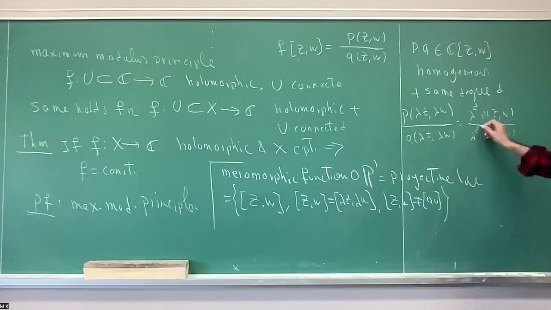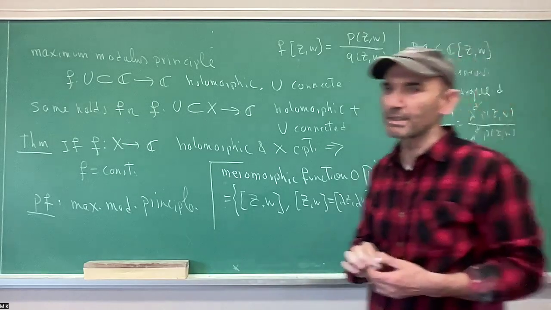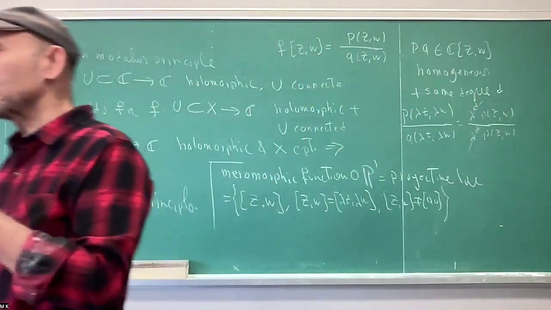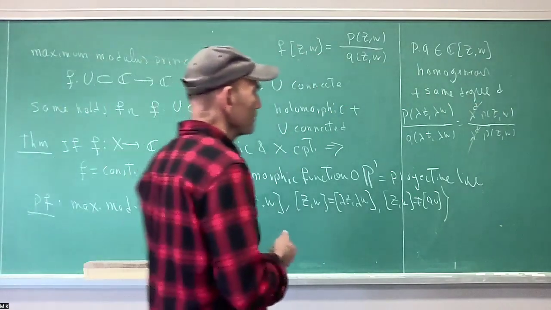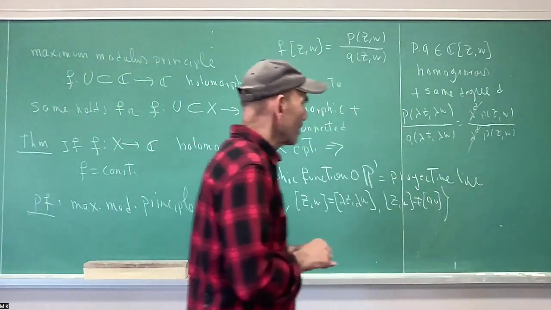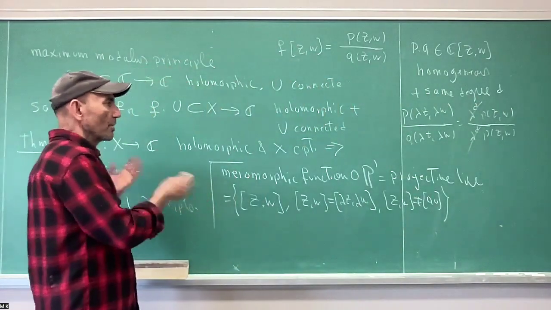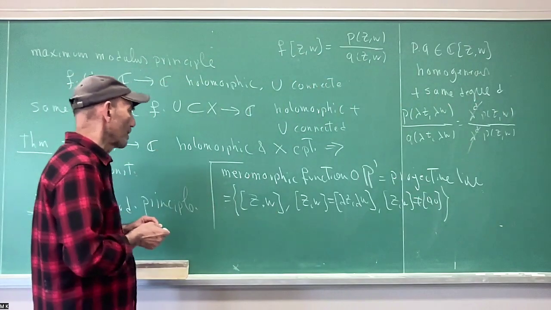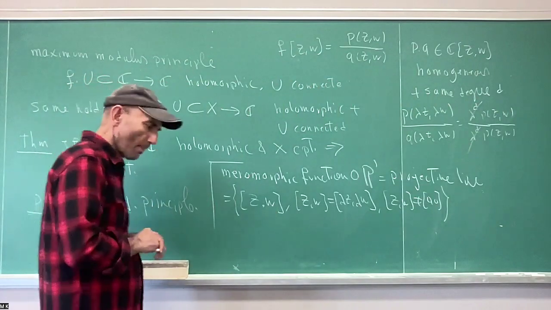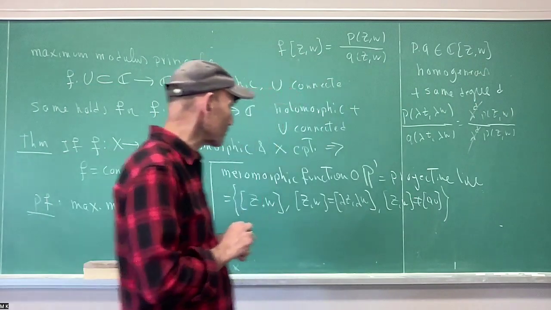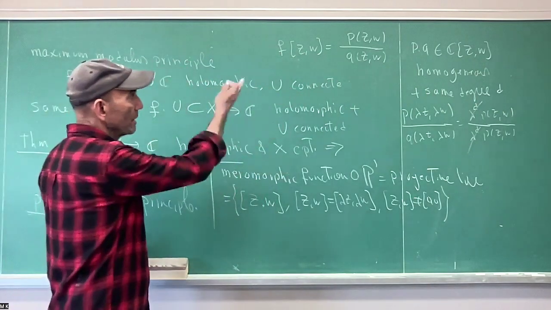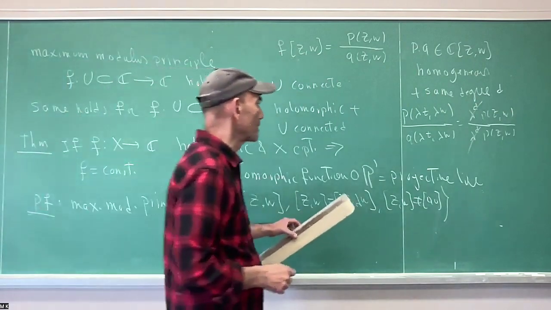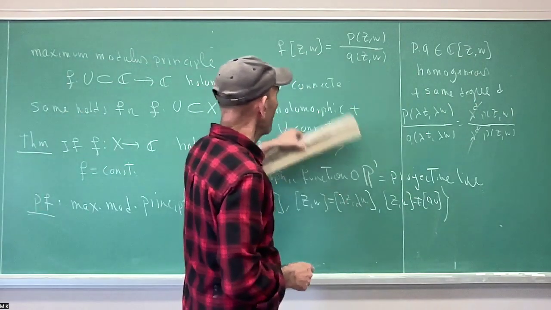So they cancel, and this is well defined. That's the power of homogeneity. So as a function on the projective line, this is defined. And actually, more or less the same argument that we gave for C hat shows that basically all meromorphic functions on P1 are of this form.